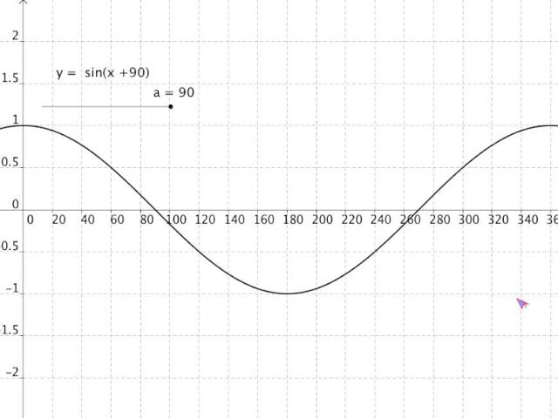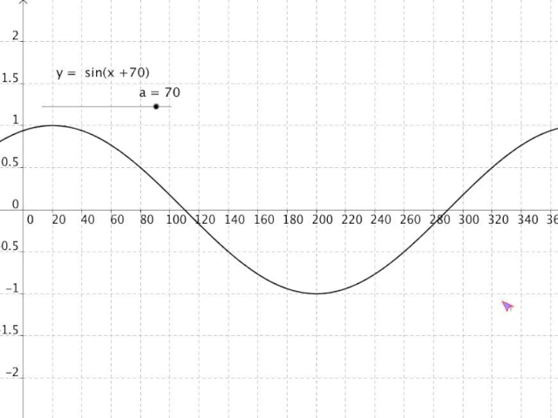What's happened is the graph has translated by a value of 90 to the left, and hopefully you can see that this has now become the cosine graph. This is now the graph of y equals cos x. I think that shows a nice illustration of a link between the functions sine x and cos x, and how you can change between them using this graph transformation.